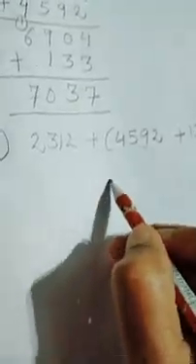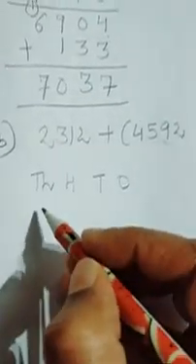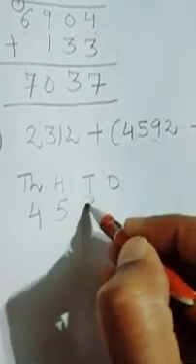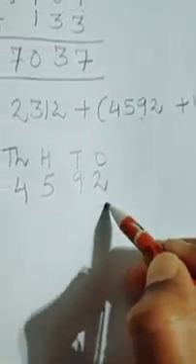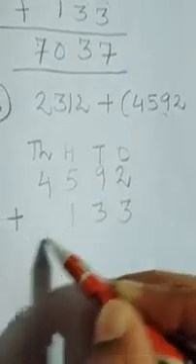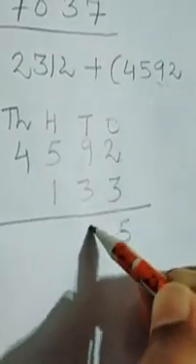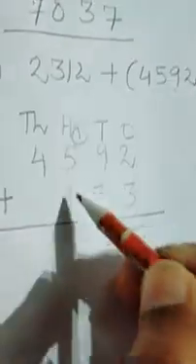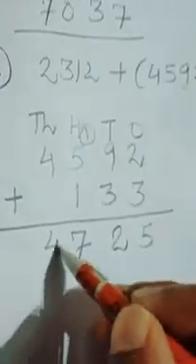We will write the places, ones, tens, 100, 1000. 4592 plus 133. 3 and 2, 5, 9 and 3, 12, 1 carry, 5 and 1, 6 and 1, 7, and this 4 will be written as it is.